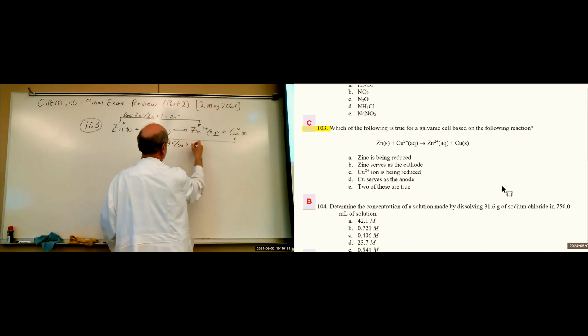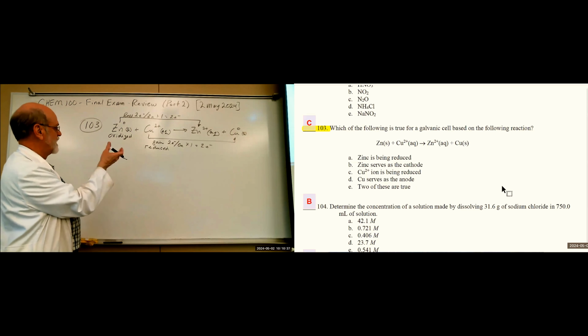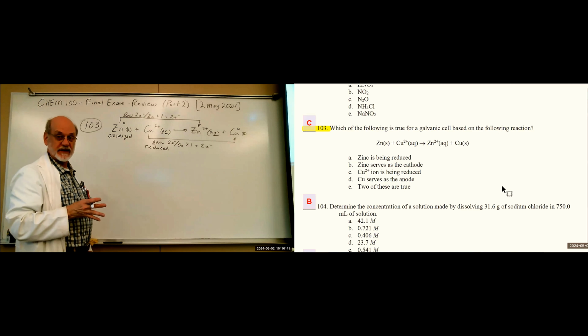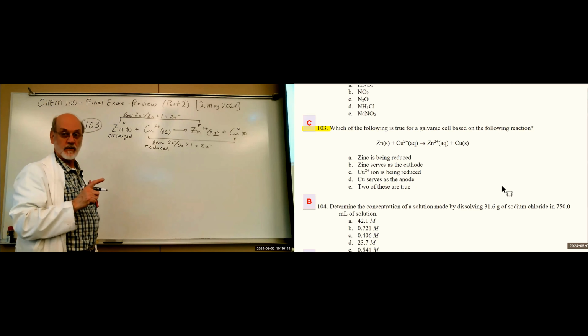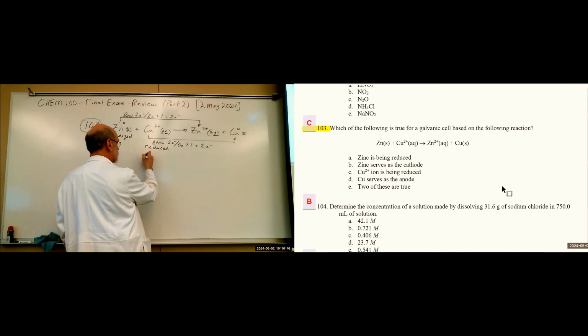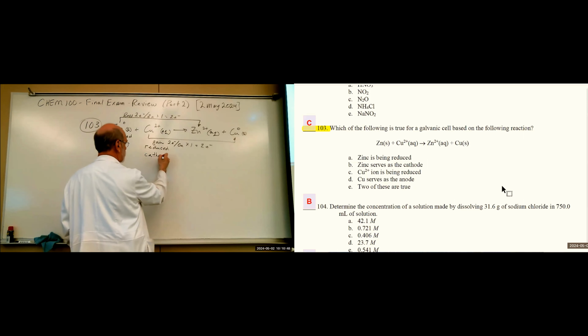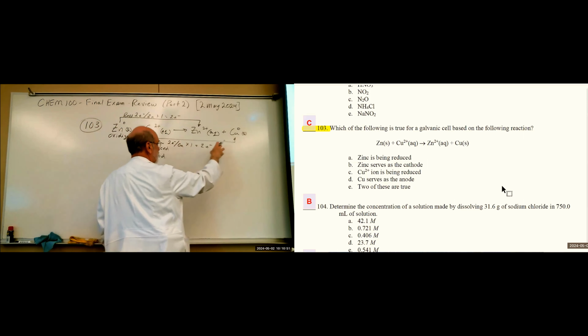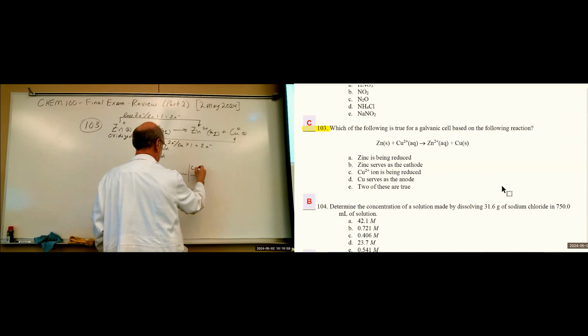Okay, so which one's the anode and which one's the cathode? Remember, by definition, the cathode is the site of reduction. So this is the cathode. This solution with that electrode in it. Copper. Right?